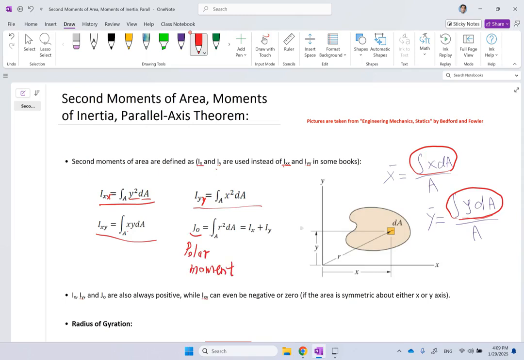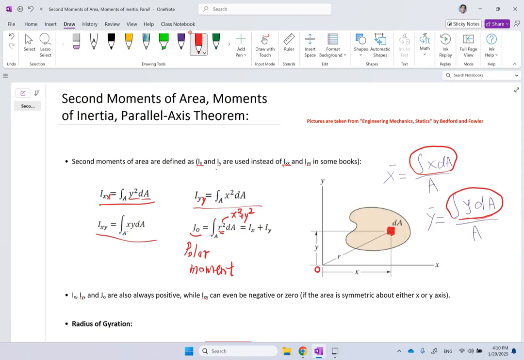For your element dA, instead of squaring its distance to the x or y axis, you square the radial distance of it to origin O. You square that, r squared. And you know r squared for a 2D surface is x squared plus y squared. So the polar moment is basically, if you can see this first portion of it, integral of x squared dA.